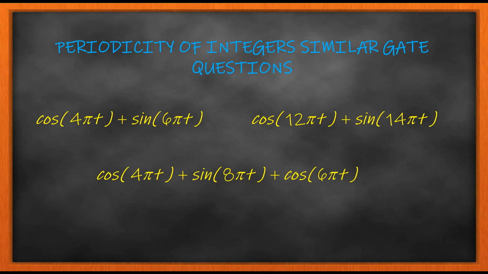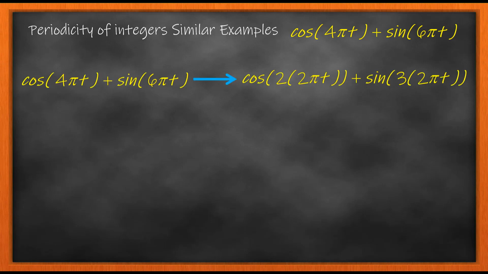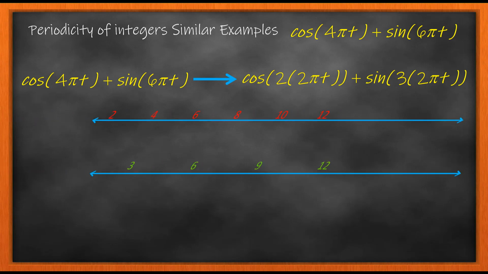Here we have other similar questions for periodicity of integers. Now let's look at a few more examples for integer periodicity before we go into the more difficult fractional periodicity. In this example, we have 4 pi and 6 pi, which contain 2 and 3 2 pi's. The first step is to do that, and then we write the multiple scale for 2 and 3.